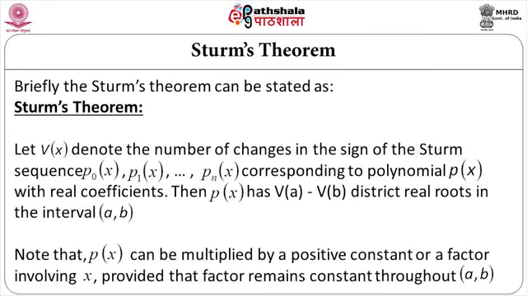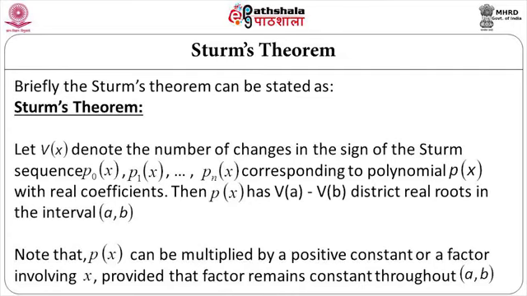So, once we have generated this Sturm sequence, very analogous to Budan's theorem, the result for finding the roots of a polynomial in the interval is given by Sturm's theorem, which states that if V x is the number of changes in sign of the Sturm sequence, this time we will not work with the derivatives. In Budan's theorem, we work with the derivatives.